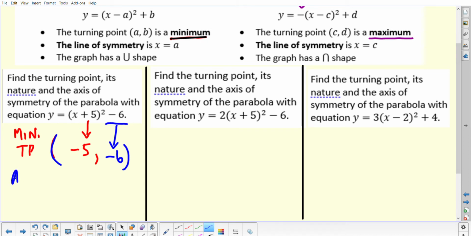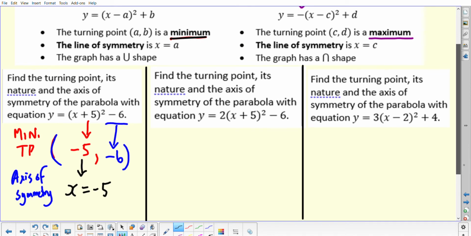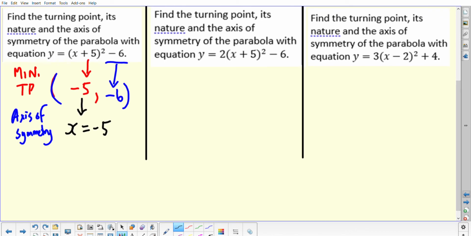My axis of symmetry will be the x coordinate of here, so I'm looking for x equals negative 5. It doesn't ask you this, but I'm going to ask you to add it in, and we will write down what the y-intercept is.